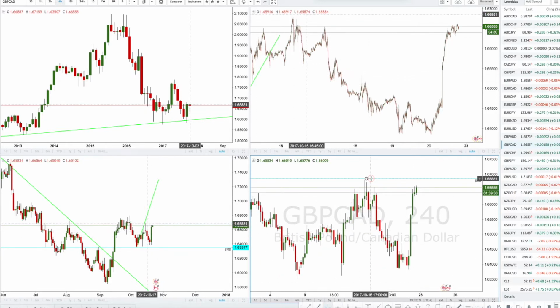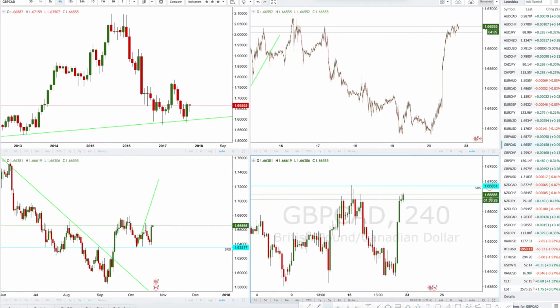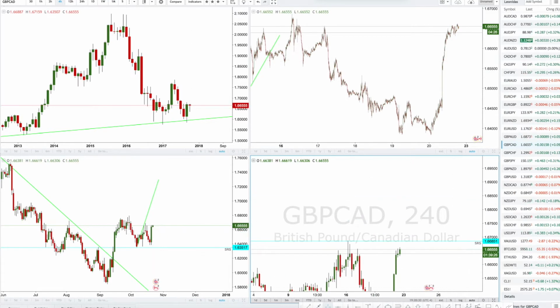On a 4-hour, right, it would look something like this. So then we're looking at this, and this move here is obviously 250 pips, not bad.